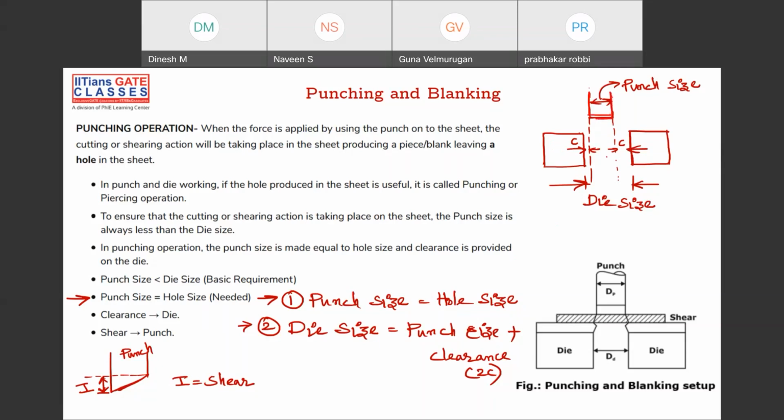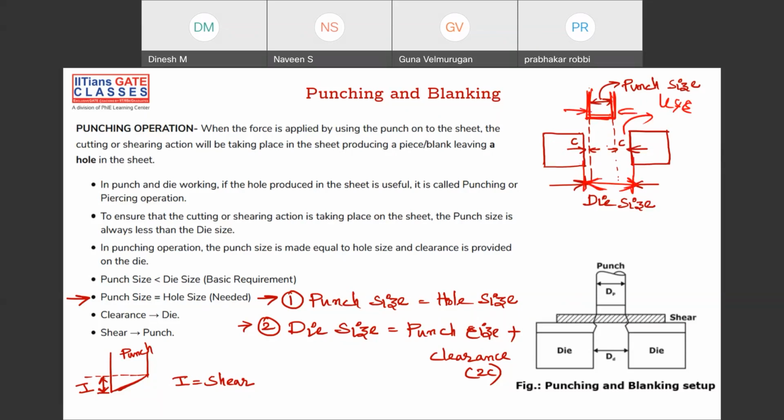Now in punching, please try to remember, obviously this punch size is less than this die size. Die size is nothing but the diameter of the internal die. So this is the die size.